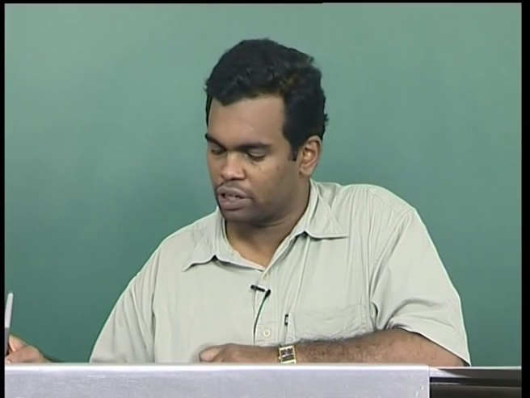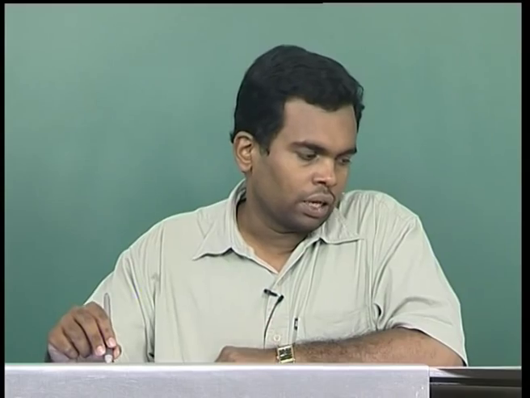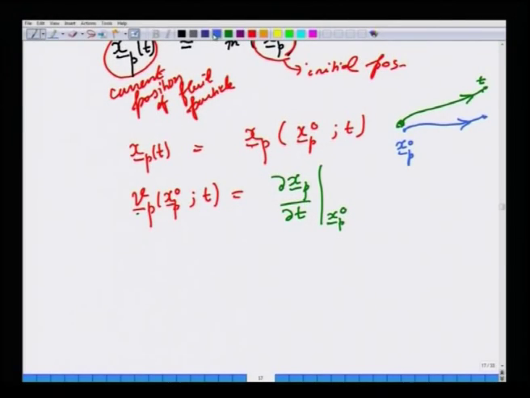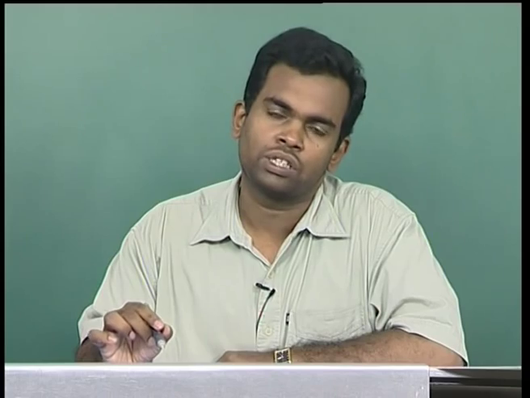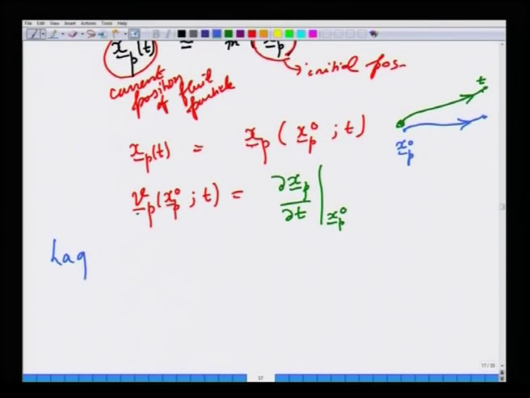Well, it is simply the rate of change of its position vector, which is x_p. Now, such a description of fluid flow, wherein you identify various particles by their locations at time t equal to 0 and merely follow the positions of various particles as a function of time, is called the Lagrangian description.